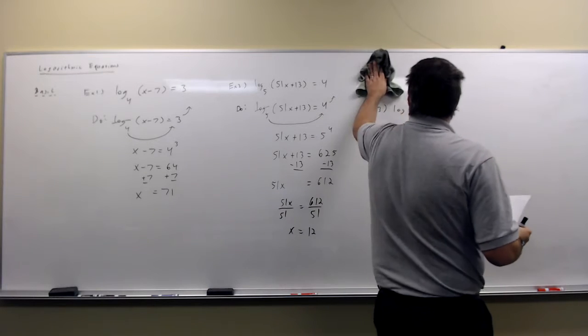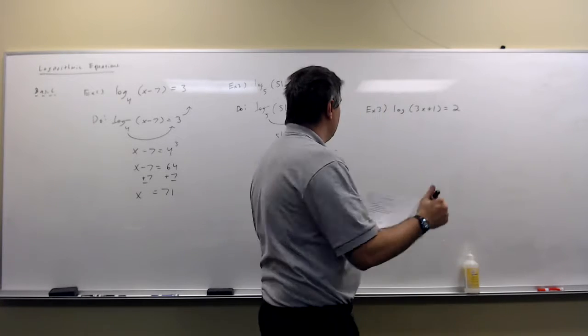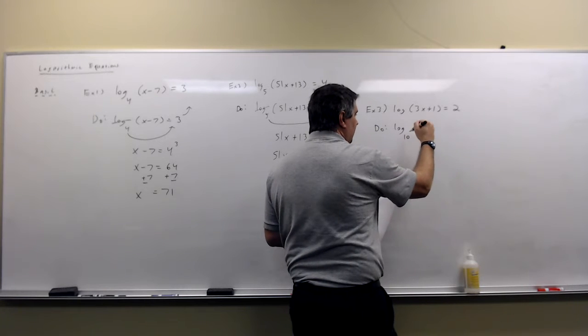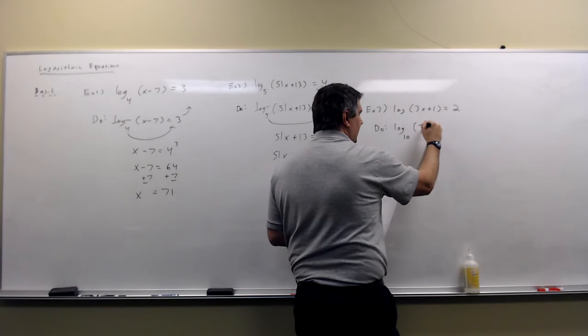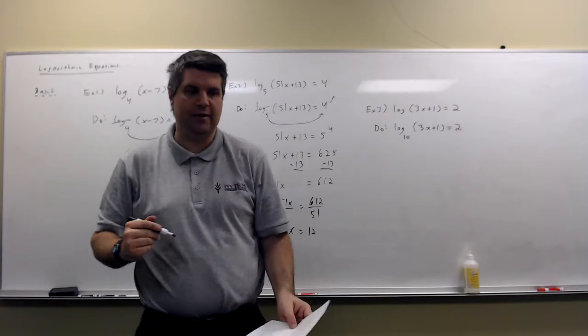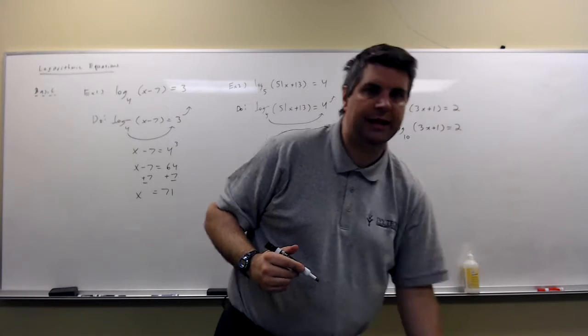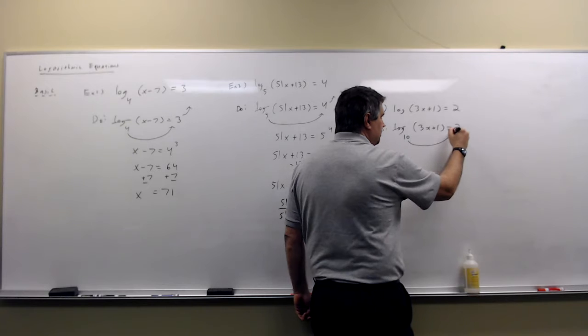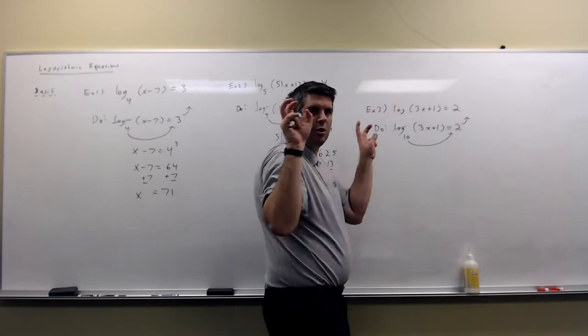All right, so here goes. If you don't see a base, you assume 10. So it's log base 10 of 3x plus 1 equals 2. Dump the log, the 10 goes to the other side, the 2 jumps up to make room for it.